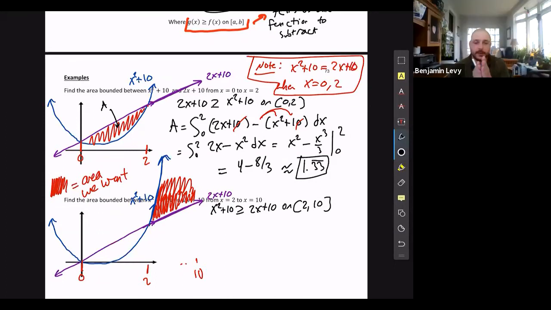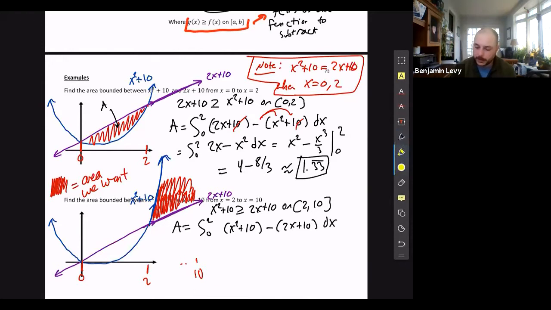The two functions are moving away from each other, and so it's going to be this larger space that we're capturing. So just practically, it looks like that'd be the bigger one. But let's do it. We literally just switch this, right? So it'll be x squared plus 10, because that's the one on top, minus 2x plus 10, because that's the one on bottom.